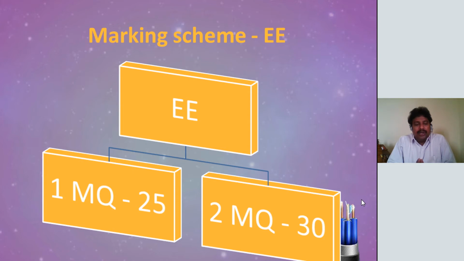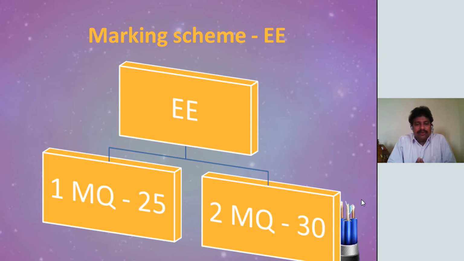25 into 1 is equal to 25. 30 into 2 is equal to 60.